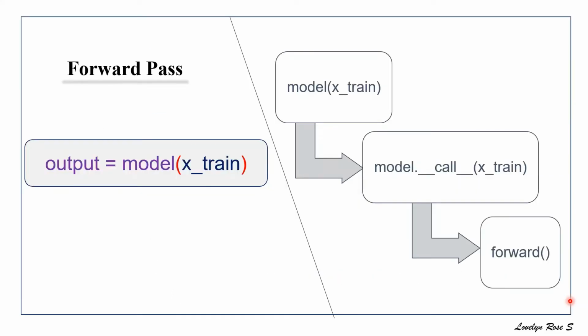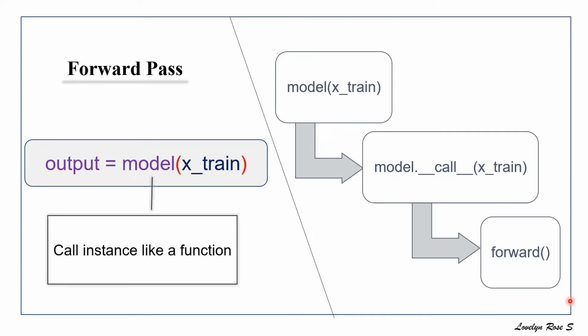Then I need to make the actual forward pass. To make the actual forward pass, I need to have the object of the simple ANN and pass the data set. This is Python code, and so you can just call model. Model is basically an instance, but you can just call it like a function if it has the __call__ function written in it.